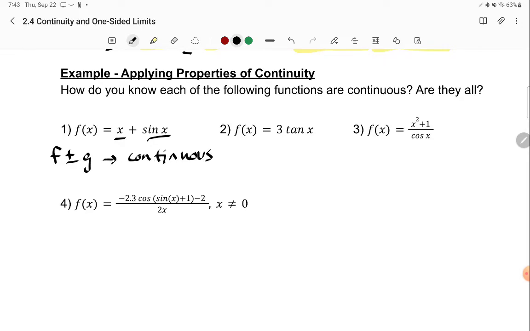It's asking, how do you know each of the following functions are continuous? And I would put my reasoning there. So go ahead and do 2, 3, and 4, stating how you know that is continuous, if it is, and then come back to the video.